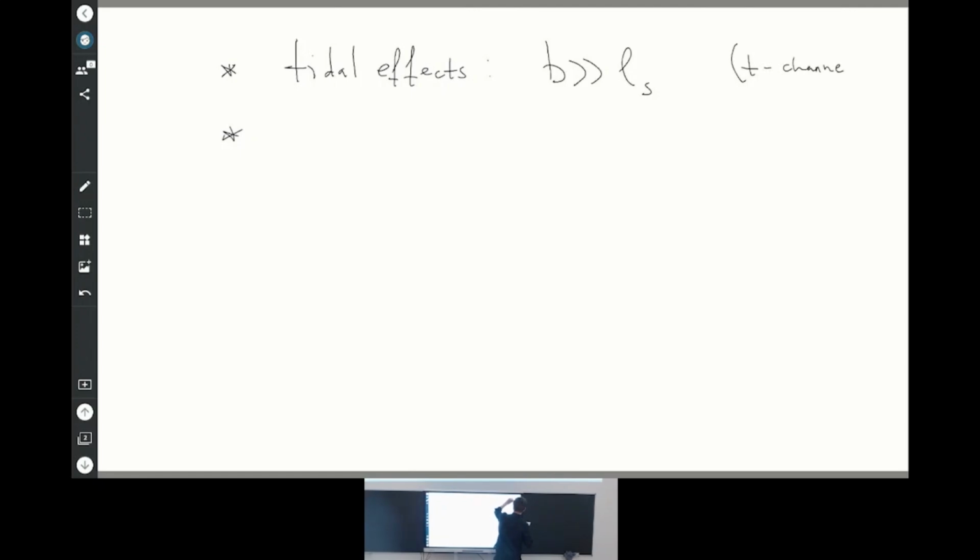And second, there will be S-channel production of strings in the direct channel, and this happens, as expected, for b less than or equal to ls square root of log ls squared s.